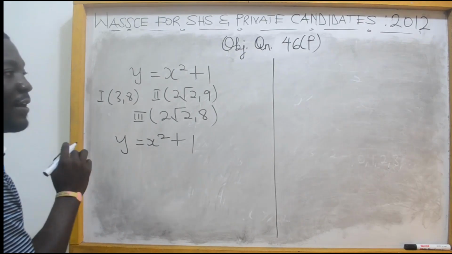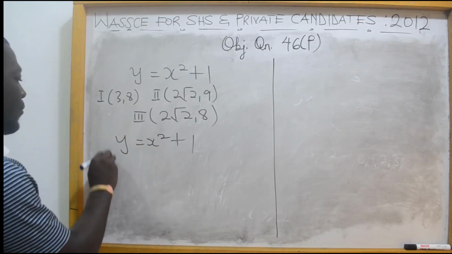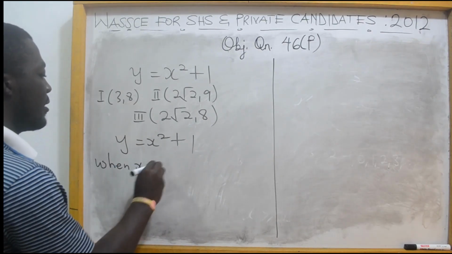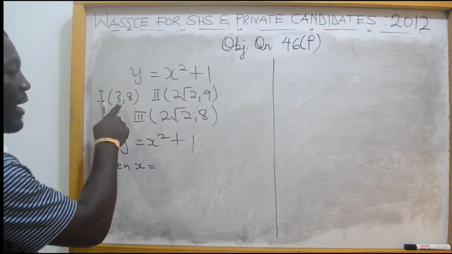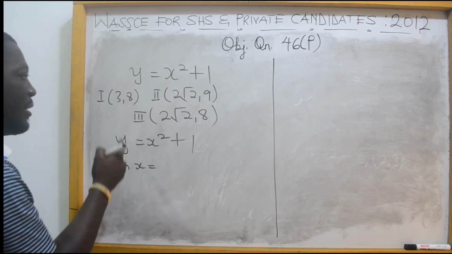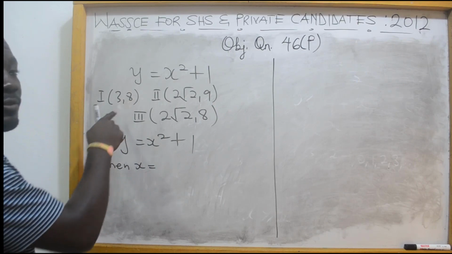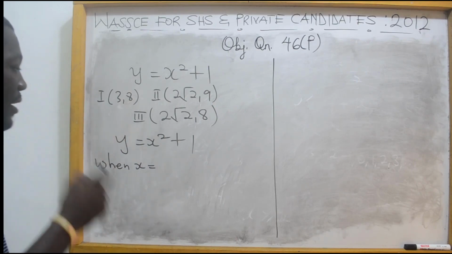Let's pick the first coordinate. We say that the value for x is 3 and the value for y is 8, but we are using x to determine whether the y value is true.